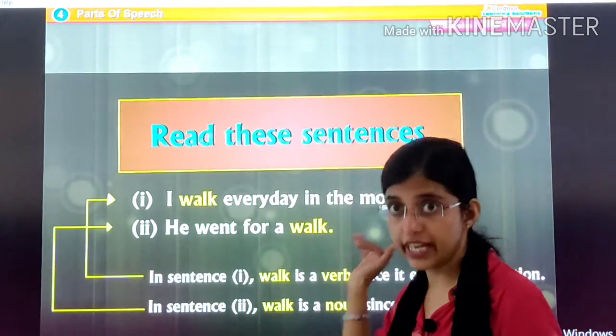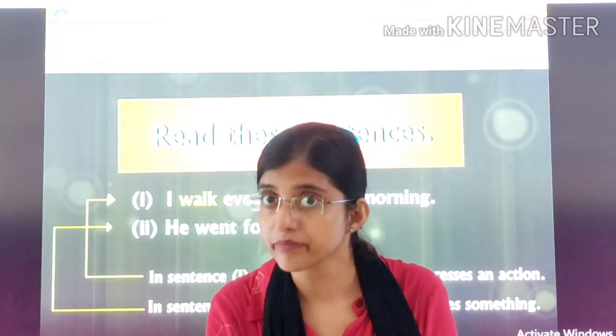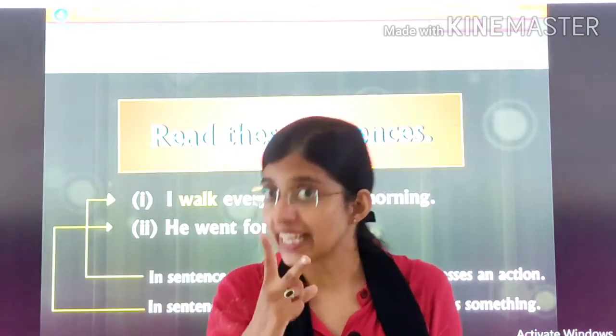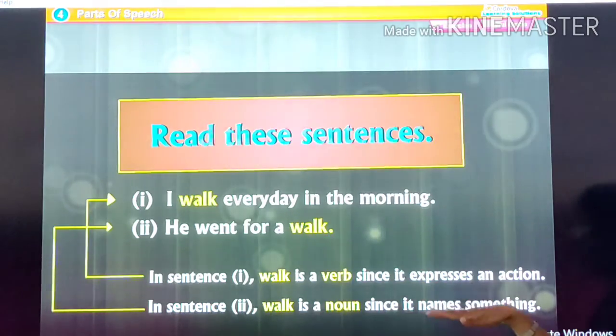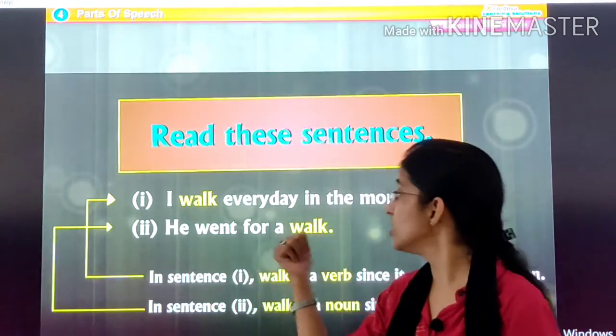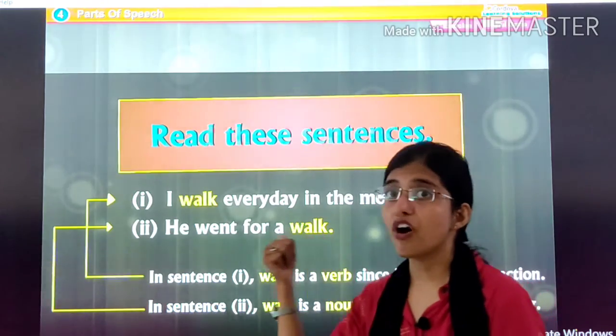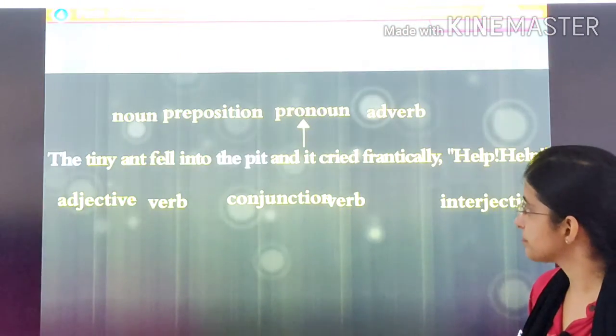I walk every day. It means I am doing a physical activity every day. That is walking. So, it is a verb. In the second sentence, walk is a noun since it names something. I went for a walk. Here, walk is the name of an activity. Let's see another example.